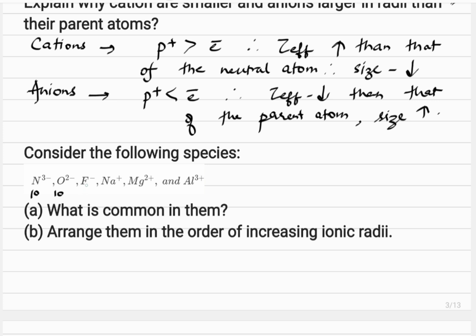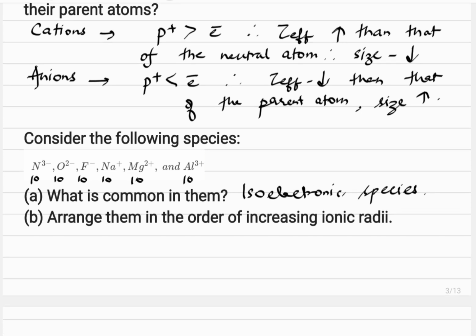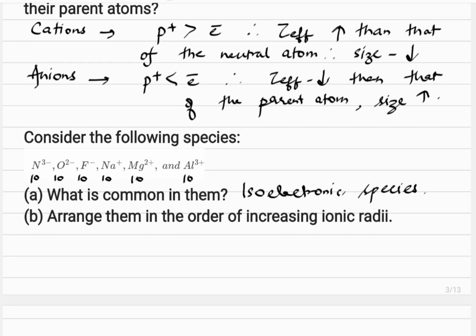Fluorine, 9 electrons plus 1, 10. Sodium, 11 minus 1, because it's a cation, it has lost 1. So again 10. Similarly, magnesium is also 10 and aluminium is also 10. So they all are isoelectronic species. That means they have the same number of electrons. Arrange them in the order of increasing ionic radii, going from low to high.